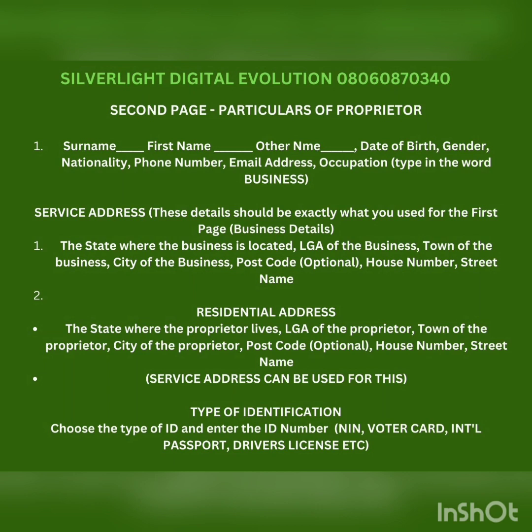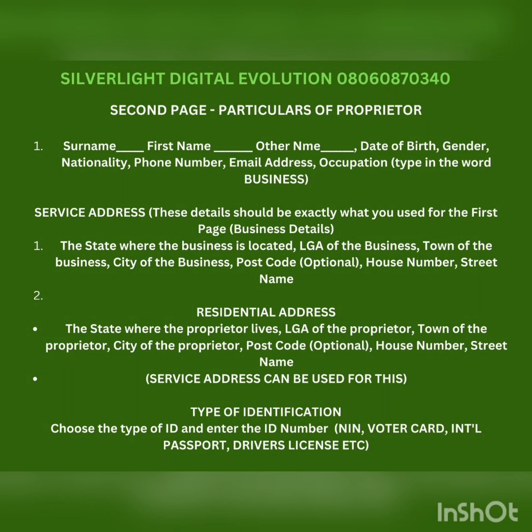The next page, that is the second page of the registration, is about the particulars of the proprietor. That is the owner of the business. You are going to provide the surname, the first name, and the other name exactly as they appear on the identification card that you're going to submit to CAC.